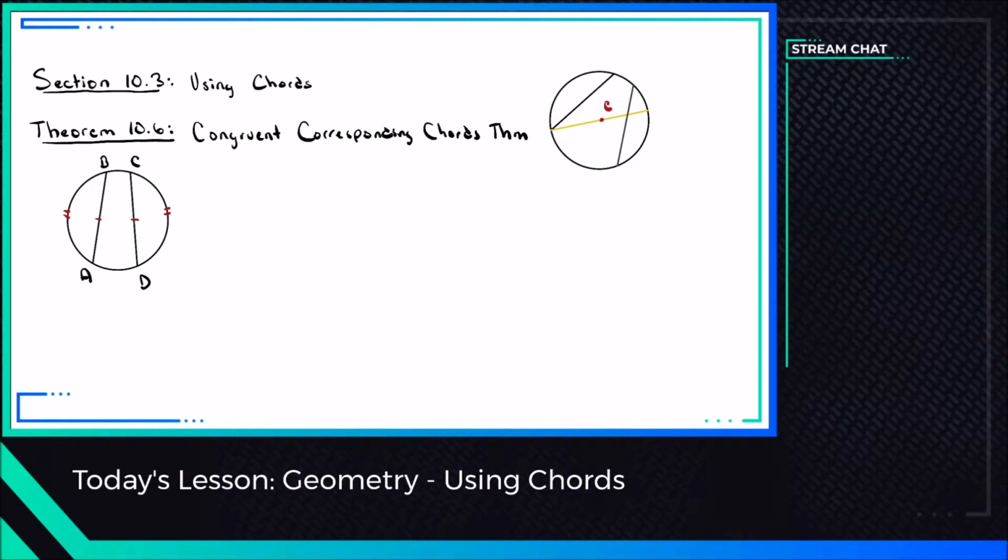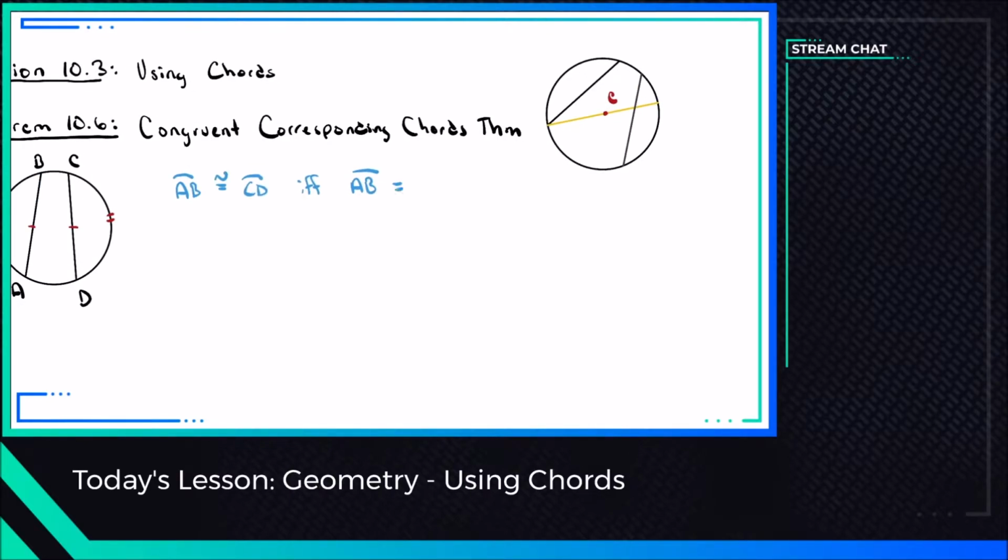So if, and actually it's an if and only if, so this works both ways. So if we have arc AB, so this arc right here, is congruent to arc CD, so this arc right here, which is given by the picture, if and only if chord AB, so now this is the segment, is congruent to chord CD.